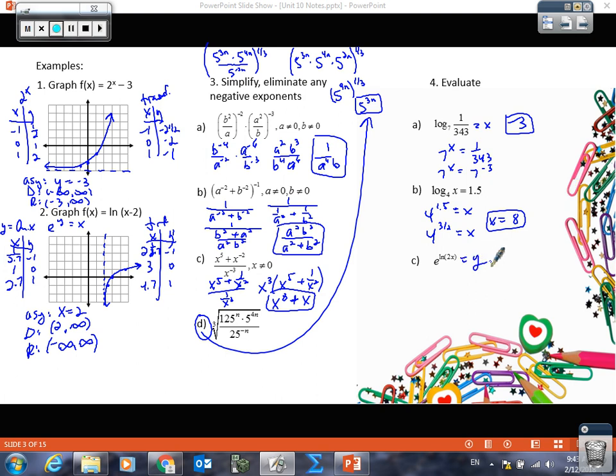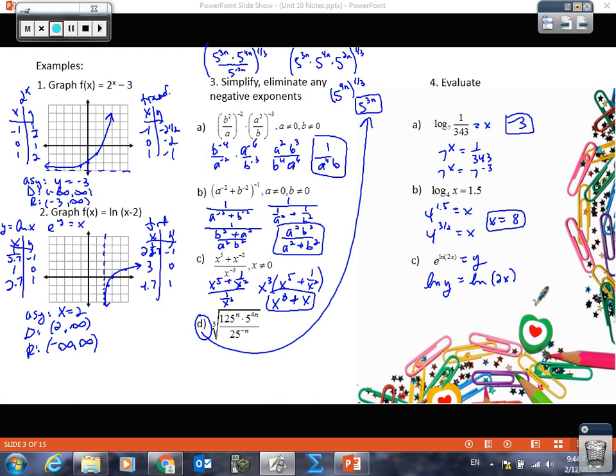Then I'm going to convert it. It's base e, an exponent, so I'm going to put it into a logarithm. Which logarithm matches base e? ln, right? So I would do ln of y equals the exponent, ln of 2x. When our logarithms are the same base, what can we do to the arguments?